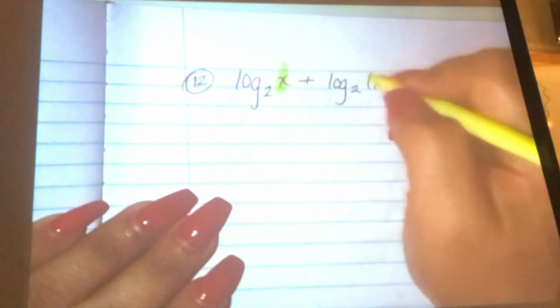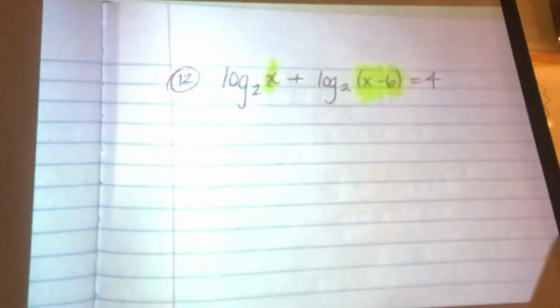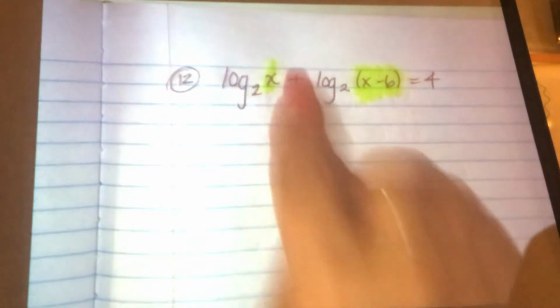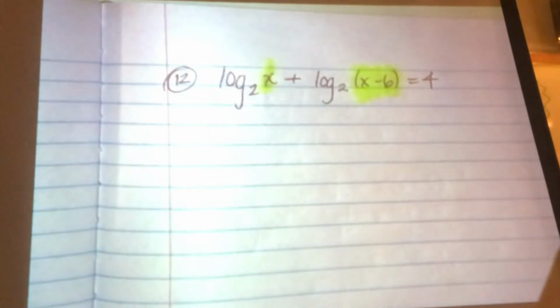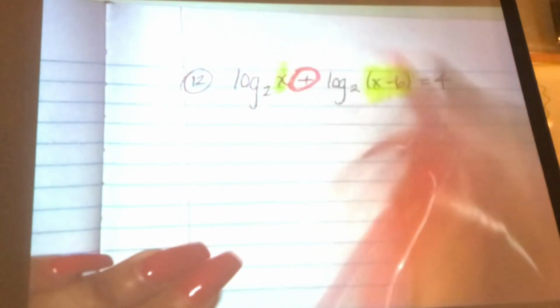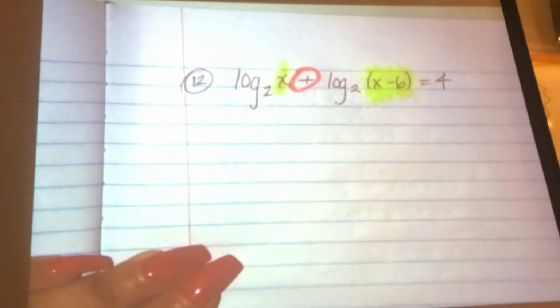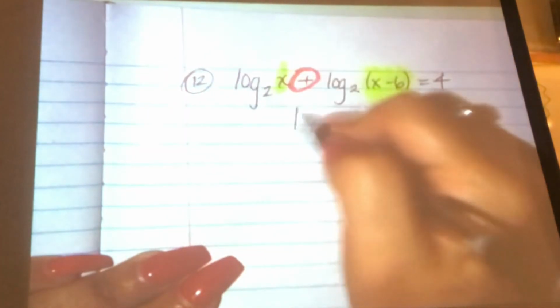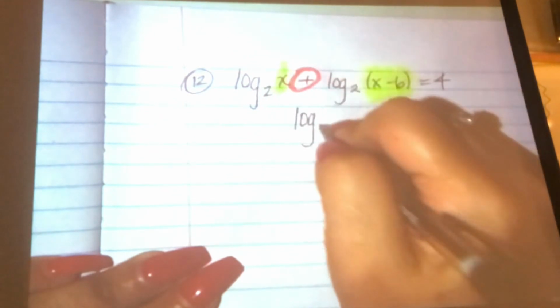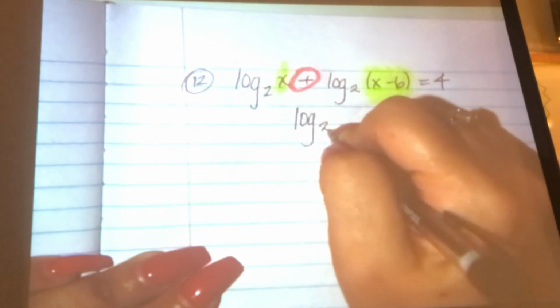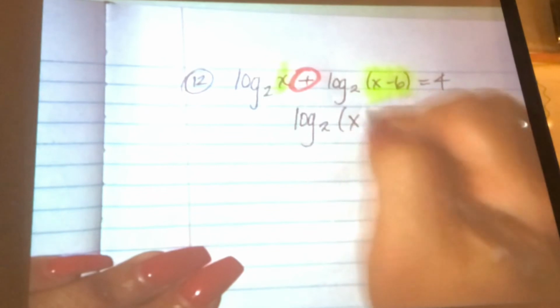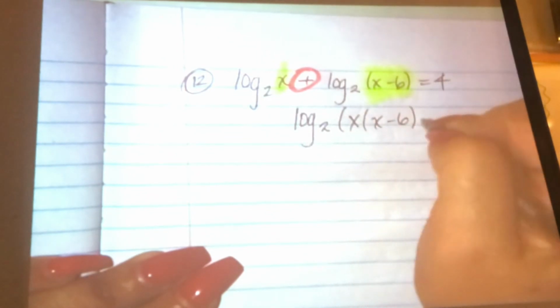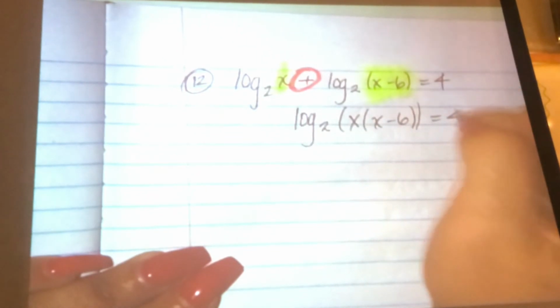So I have these two arguments, this addition sign in the middle. That means it's going to yield multiplication. So that's log base 2 of x times x minus 6 equaling 4.